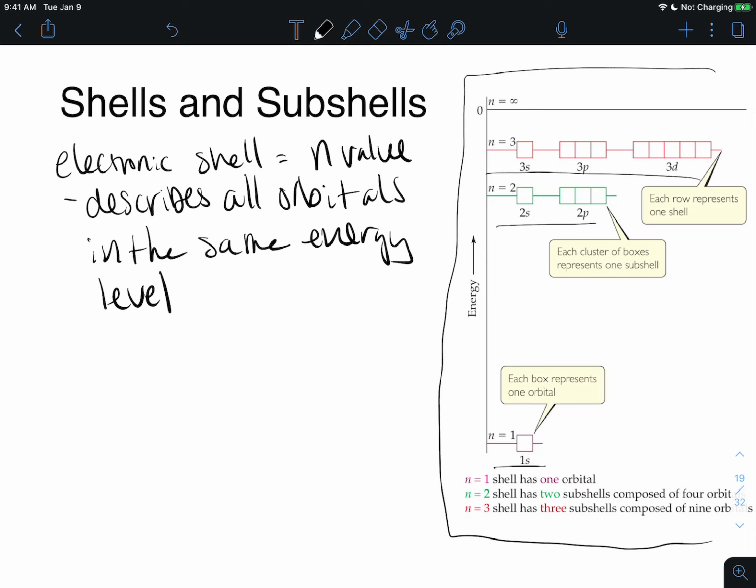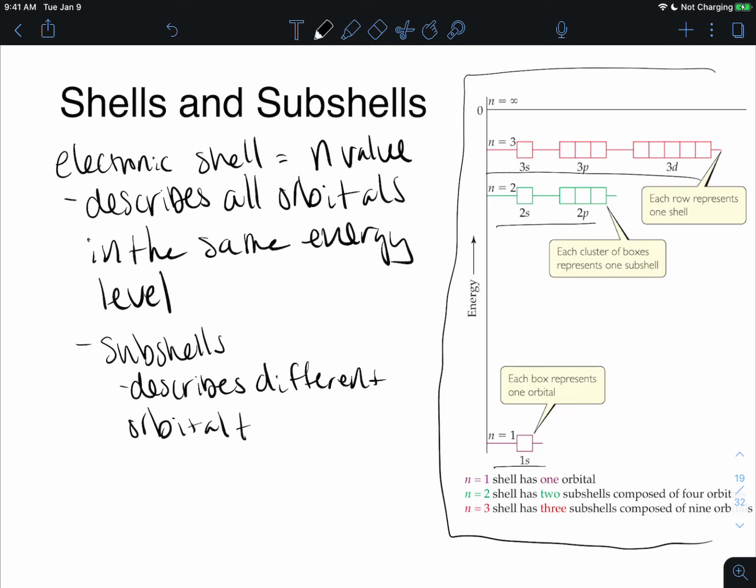Within our electronic shell, we also have subshells. And these are going to be talking about our shapes again, so our different orbital types. So it describes different orbital types or shapes in a shell.